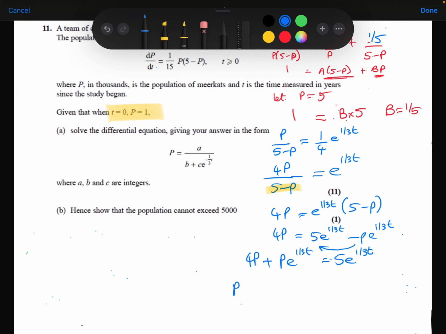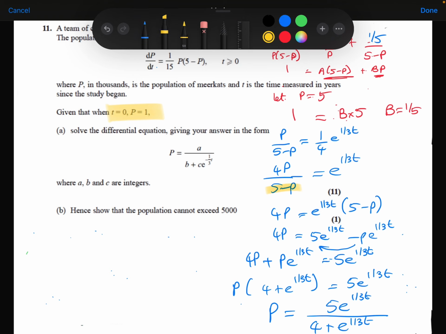Factorise. And then divide. So that we've got p as the subject. So this is my answer so far.